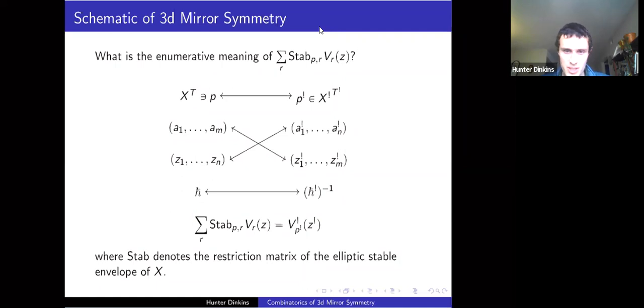So in general, to get the dual variety from a given, say, quiver variety, I mentioned that it's not quite good enough to stay in the world of quiver varieties. Maybe that's not really my focus for today, but if you're interested in it, people are thinking that the world of bow varieties is the right place to study 3D mirror symmetry, because in some sense, people expect it to be closed under this 3D mirror duality.